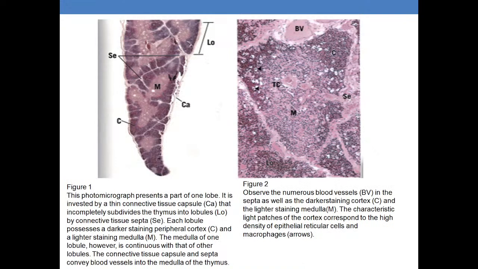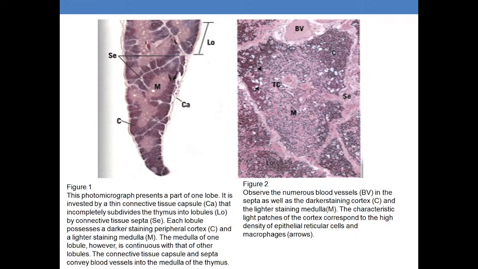Figure 1. This photomicrograph presents a part of one lobe. It is invested by a thin connective tissue capsule that incompletely subdivides the thymus into lobules by connective tissue septa.